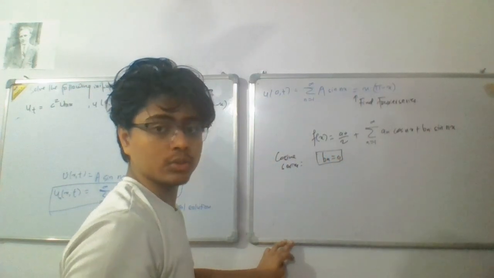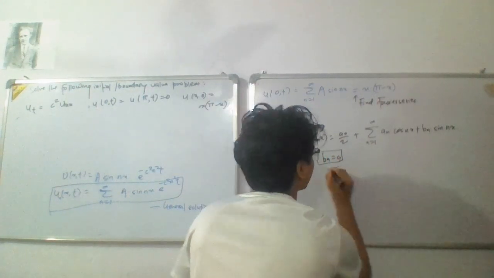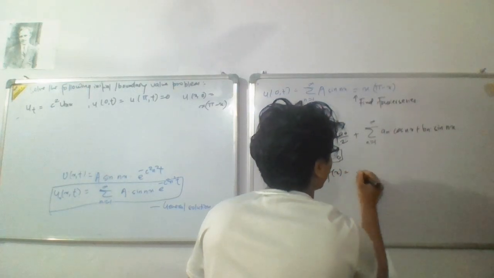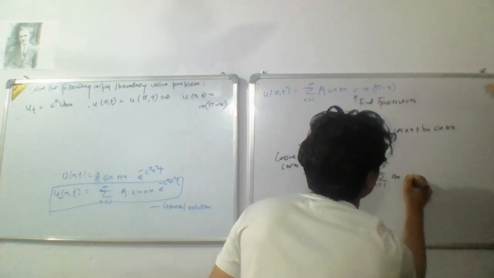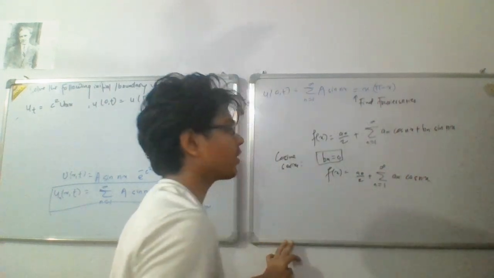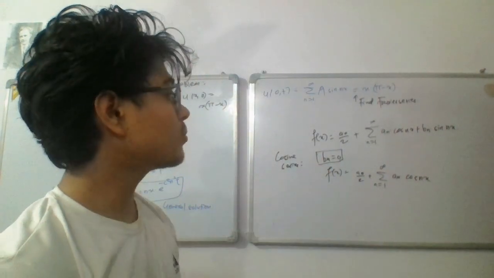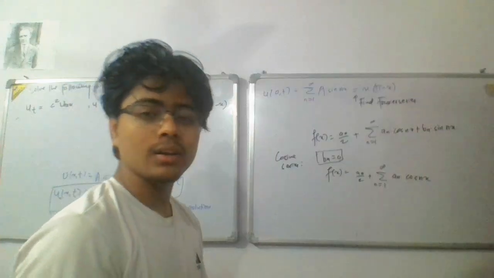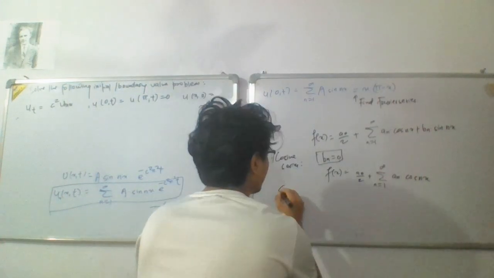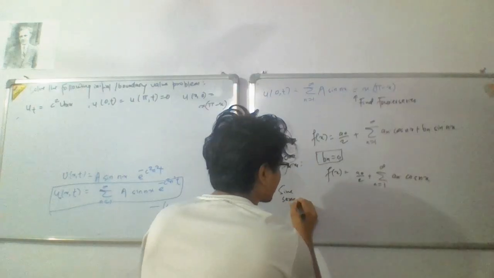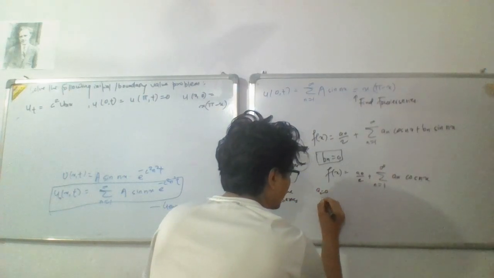And if bn is equal to 0, then we get f of x equals a naught by 2 plus summation n equals 1 to infinity a n cos of nx. I'm not going to talk about how we find the a n here, I'm just talking about the general thing. Now, if we want the sine series, it means that a naught equals 0 and a n equals 0.